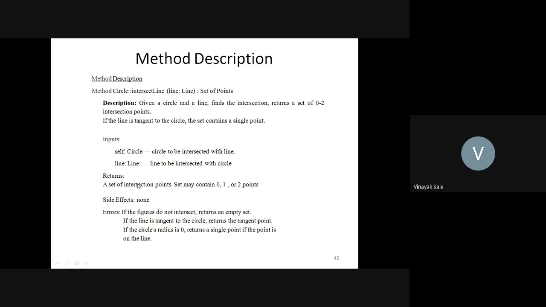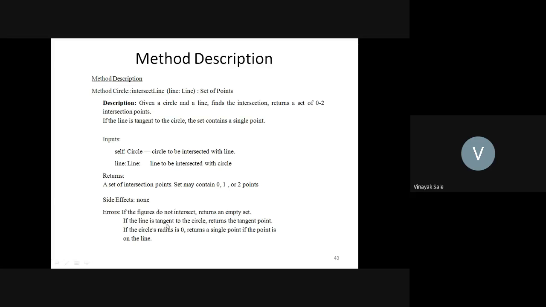And what will be returned? A set of intersection points. The set may have 0, 1 or 2 points. Side effects: no. What may be possible errors? If the figures do not intersect, then return an empty set.